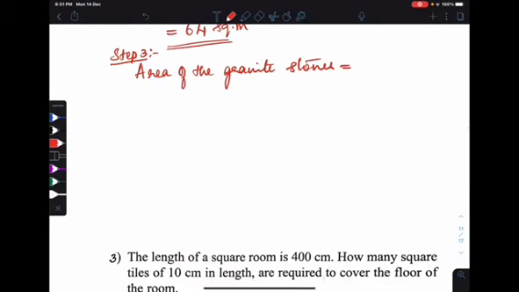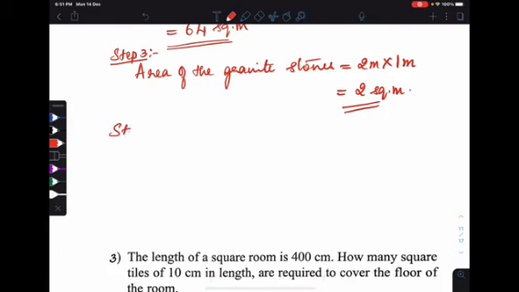The granite stone measurement is 2 meters by 1 meter, which is equal to 2 square meters. The area of the granite stone is 2 square meters.